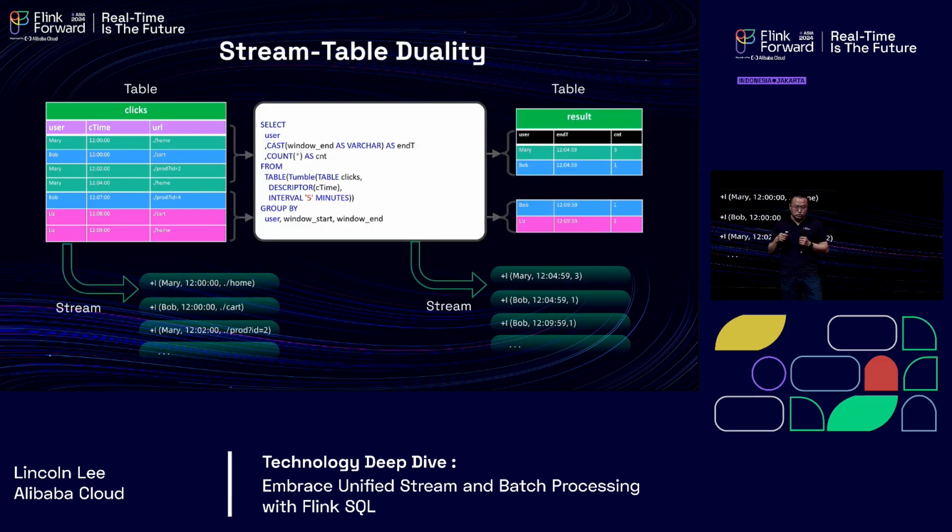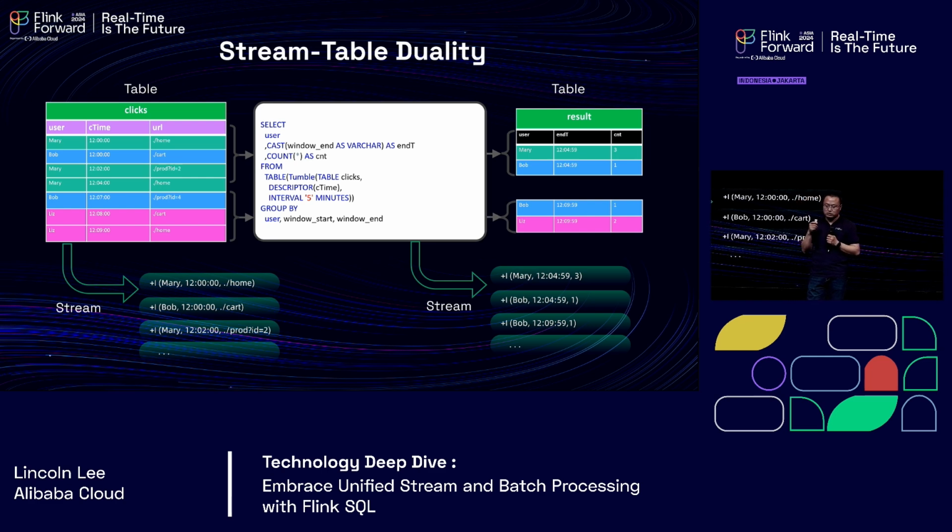Stream-table duality and the conversion not only happen in the table itself. In streaming computing, it also affects the operations or calculations. Let's see the example. The append-only change logs in the click table are the input of a group aggregate calculation.